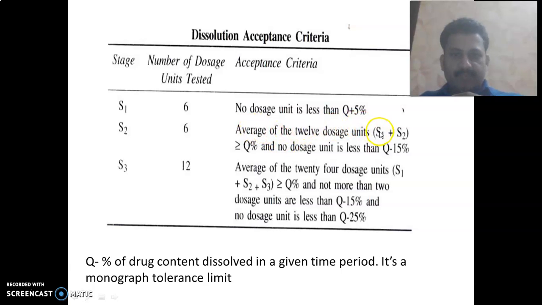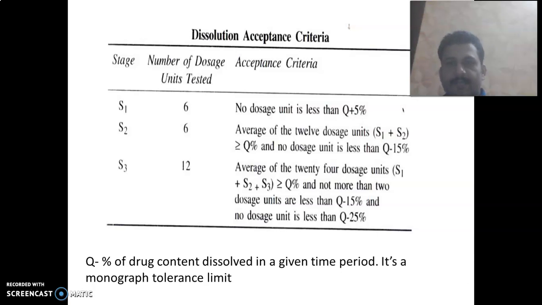Take the average of the 12 units. The average of the 12 units should be greater than or equal to Q, and no unit should be less than Q minus 15%. That means in stage 2 we take the average of 12 units. It should be equal to or more than Q, which, as already told, is the monograph tolerance limit.